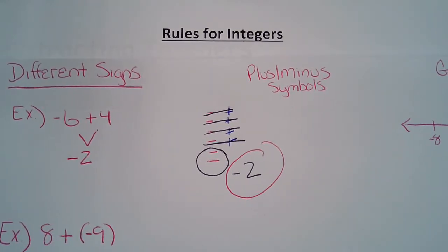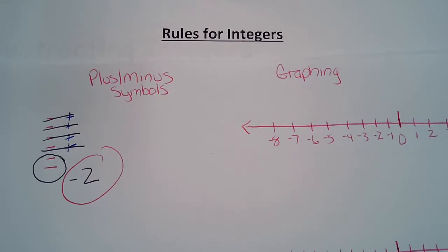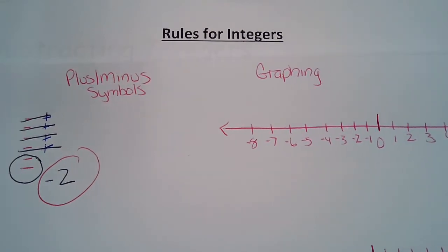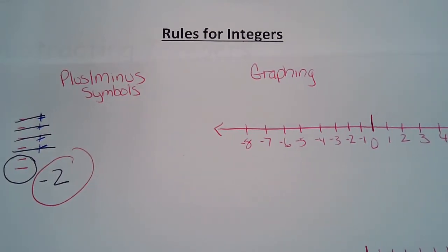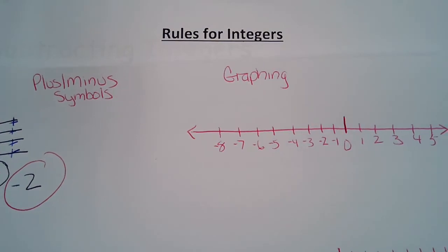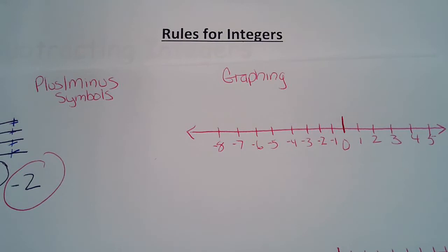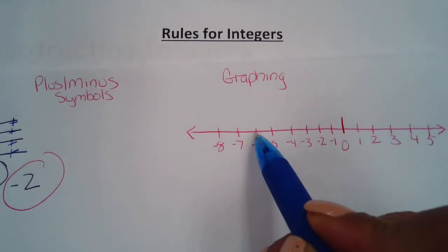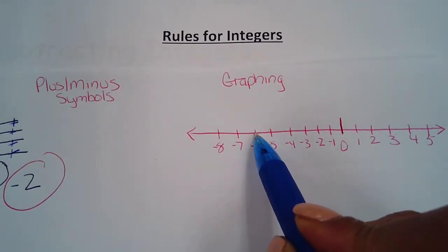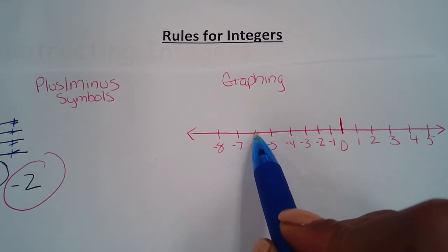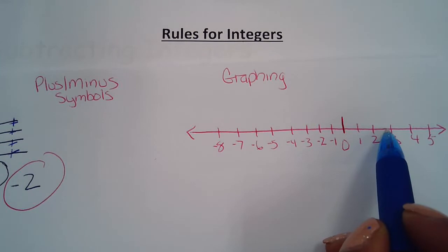All right, let's take it a step further and see if we can use our number line to illustrate the same thing. So we started with -6, so I'm going to start there. And we had to add 4. We added a positive 4. Since the 4 is positive, that means I must go in the direction to the right.